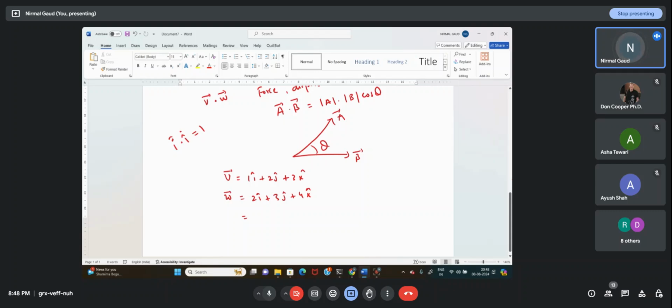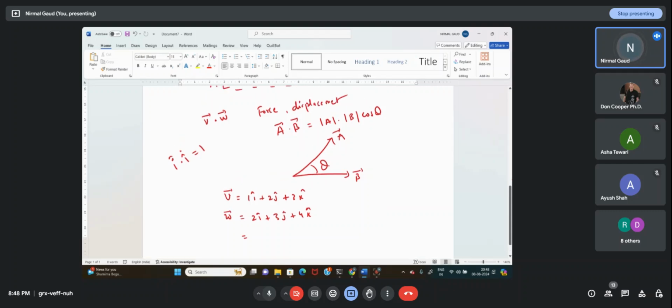Between the same components it is 1, and between different components it is 0. Why? Because the dot product between two vectors is ab cos theta, and if I consider i and j, the angle between them is 90 degrees, because both are perpendicular. So i j cos 90, cos 90 is 0, so obviously i dot j will be 0.